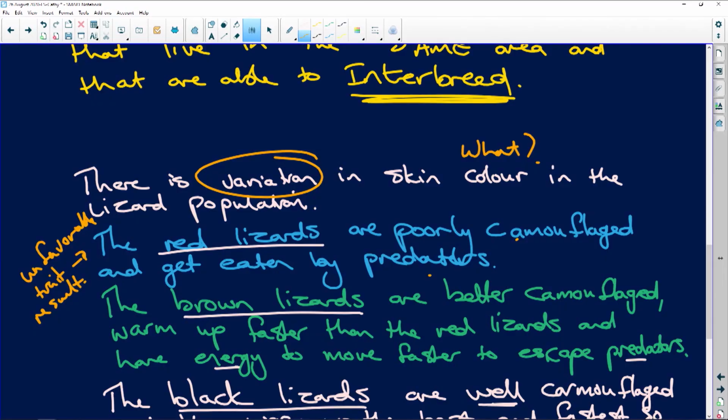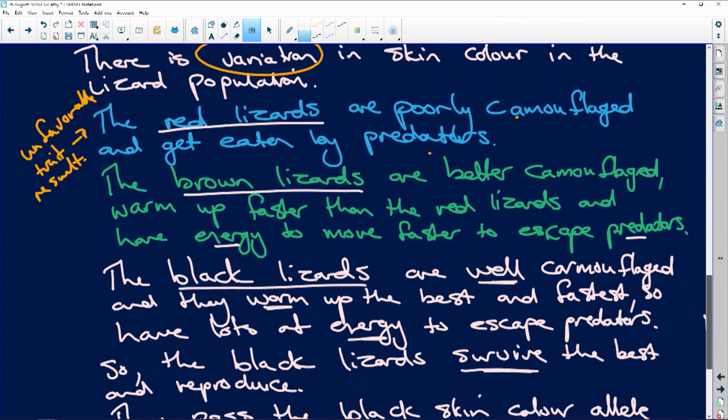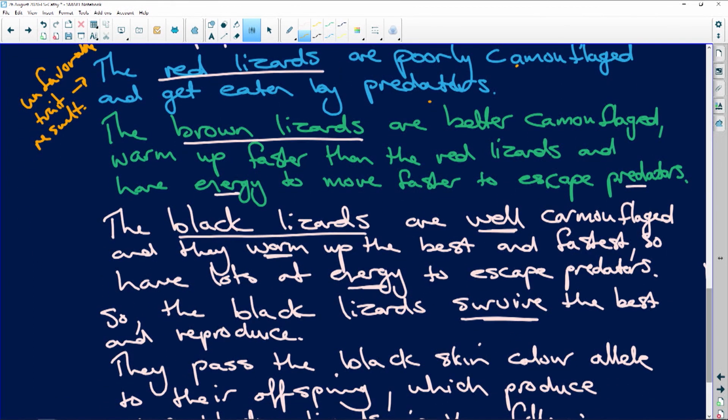Or the tortoises have a short neck, so they can't reach the food. Do you understand? Whatever that trait is. The snakes have a better marking on their bodies, and the predators are scared of them. Okay, so unfavorable, then that's your second point. Your third point is going to be your favorable, why something is favorable. So what the trait is that's favorable, and the result of that.